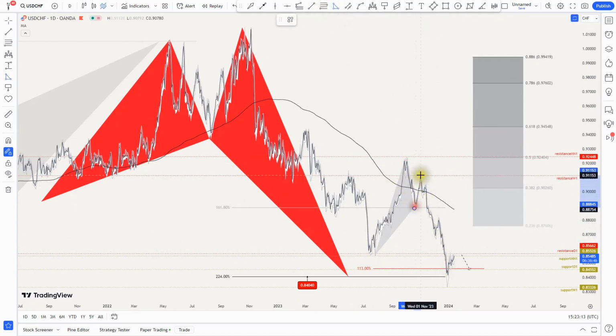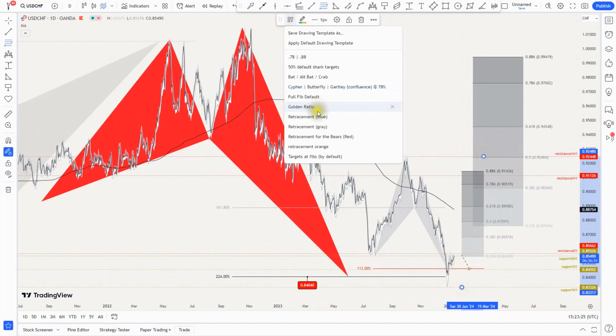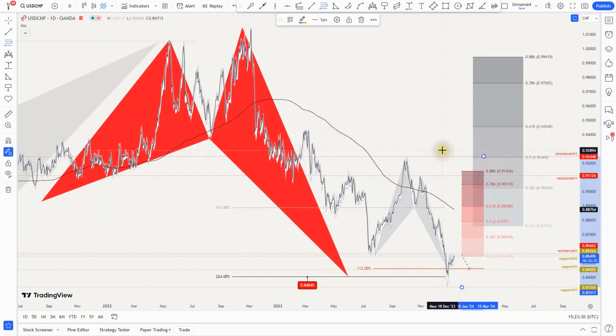So that being said, I will not be surprised to see the dollar CHF trying to move to the upside, an attempt to recover from the recent losses, and at this point we should target the red Fibonacci levels, the 38% Fibonacci level, and then the 61.8% Fibonacci level.